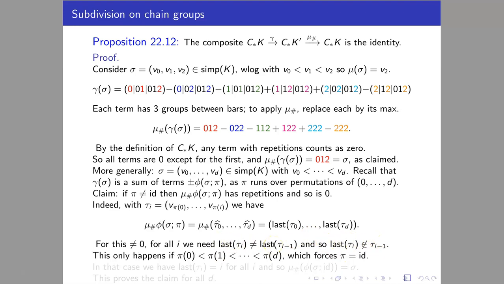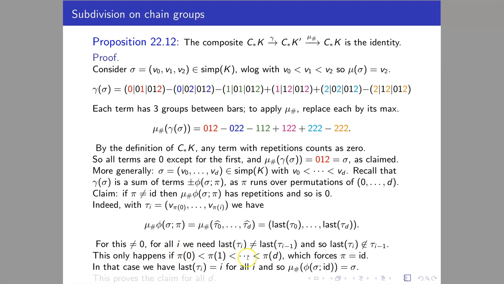And the only way that can happen is if these pi's are all happening in order. The last thing in tau_1 is going to be the maximum of pi 0 and pi 1, and you don't want that to be equal to pi 0, so pi 0 has to be less than pi 1. And the last in tau_2 is going to be the maximum of pi 0, pi 1, pi 2. You don't want that to be equal to pi 0 or pi 1.